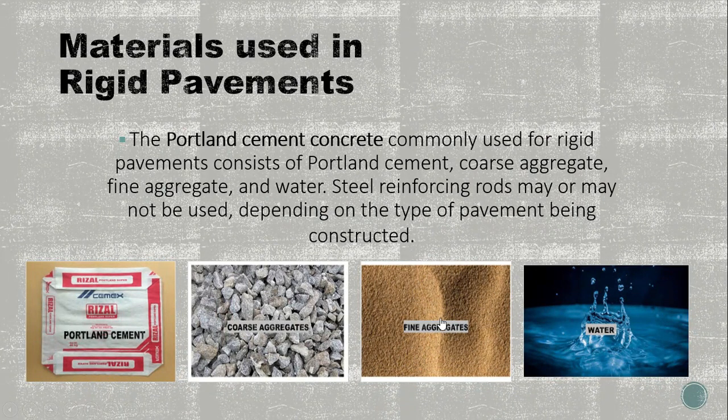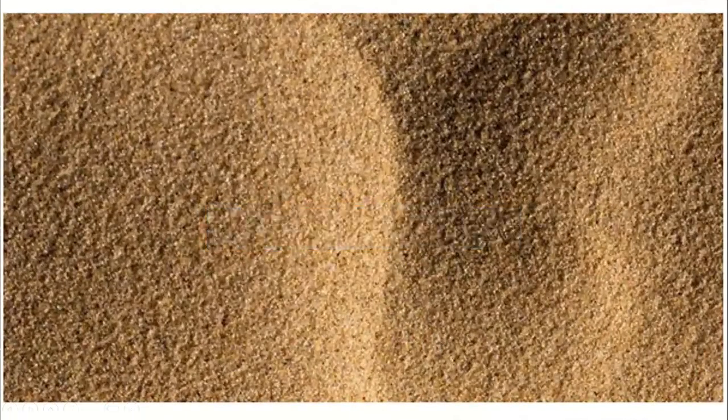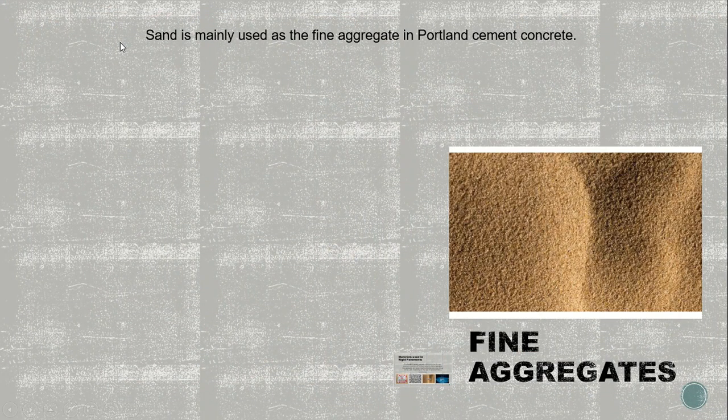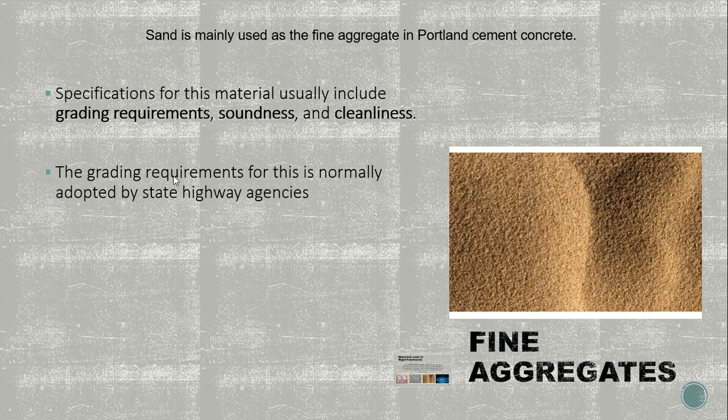Another material is the fine aggregates. Sand is mainly used as the fine aggregate in Portland cement concrete. The specifications for this material usually include the grading requirements, soundness, and cleanliness. The grading requirements are normally adopted by the state highway agencies.